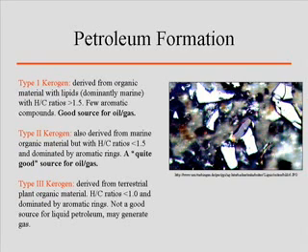Okay, so ideally type 1 kerogen is the one that gives us a really good source for oil and natural gas, whereas type 3 kerogens, which come from terrestrial materials, tend to be a little bit more likely to give you natural gas. This is where the coals basically come from. It all has to do with the hydrogen-carbon ratios. And the general argument is the higher the carbon ratio you've got, the more likely it's going to give you the coal fraction or the natural gas fraction.